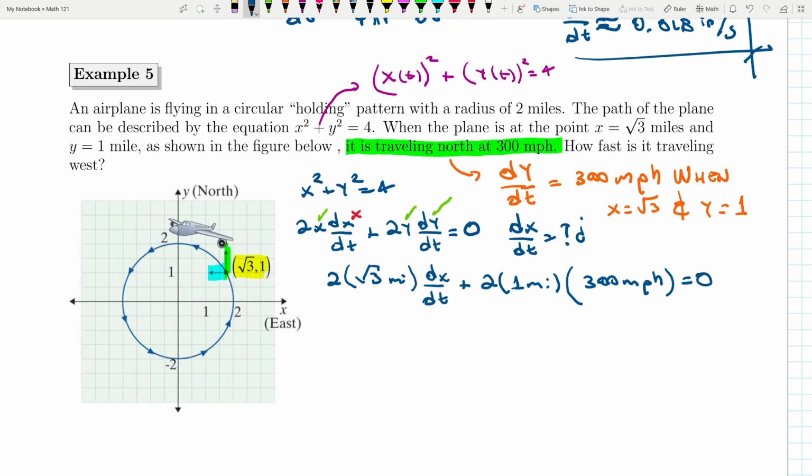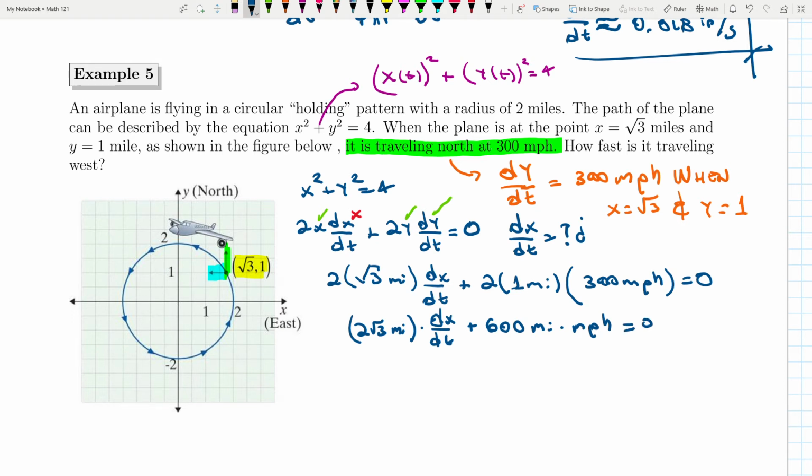So let's simplify all this. 2 times 1 times 300, that's 600, and I'm going to leave the units, miles times miles per hour. Some units are going to cancel, you'll see how. And don't forget about this dx/dt times 2 square root of 3 miles. Okay, then that equals 0.